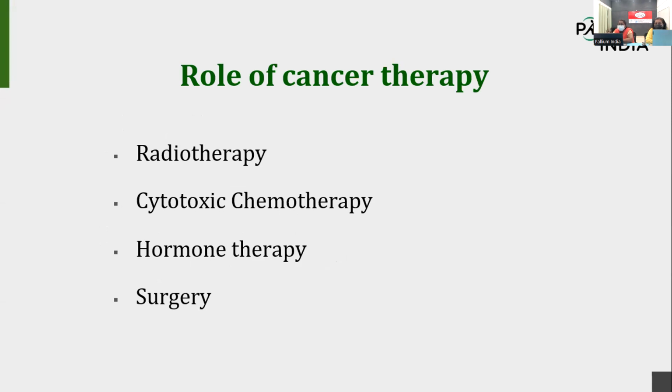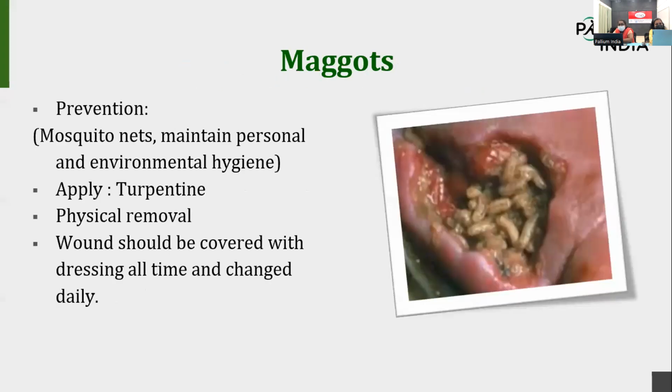In that type of situation, you can refer to the oncologist and see whether radiotherapy, chemotherapy, or hormone therapy is helpful. If you do it, that will help to shrink the size of the tumor. That way we can prevent bleeding.